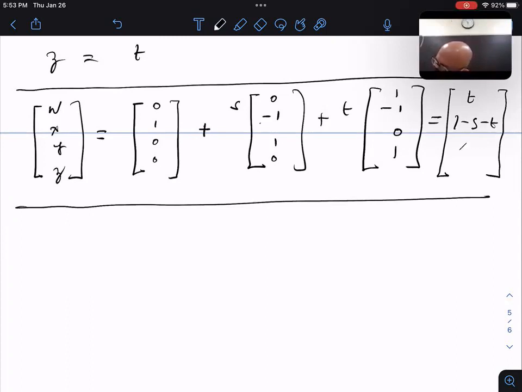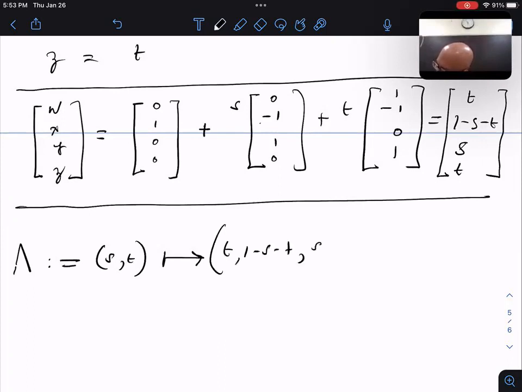And the last one, just T. Last one is T, right? So that means lambda is equal to ST going to T, 1 minus S minus T, ST from R2 to R4.